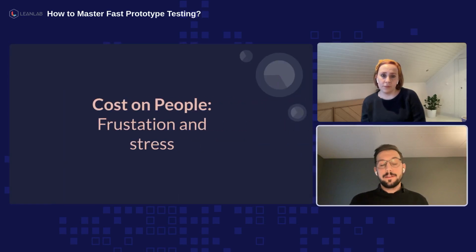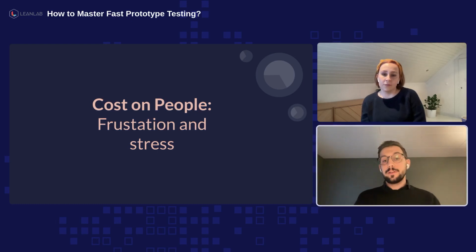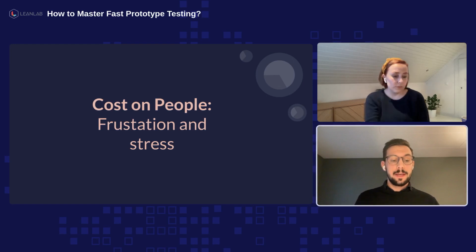So look at the negative parts. We can see that there is a cost in people needing to make decisions based on gut feeling or when you lack data, which can cause a lot of frustration and stress amongst your team. And it's definitely not a situation where you would like to be when you're walking through your development journeys and improving your products or services.